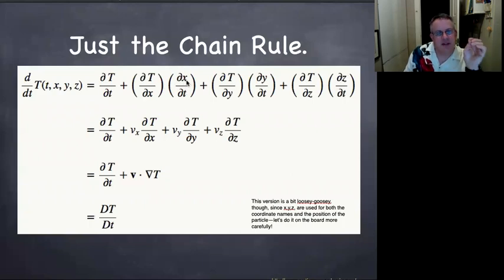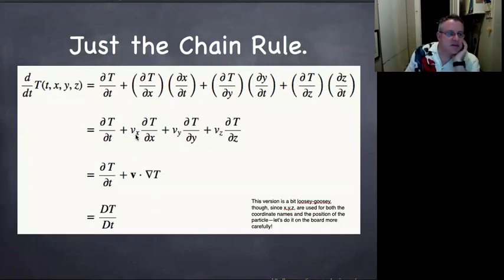It's the rate of change of x with respect to t that the fluid itself does. So the fluid velocity is what talks about the rate of change in x with respect to time that the fluid is being displaced. So if we replace this with the fluid velocity in the x direction, we get a term that looks like this. Here's dT/dx, and here's vx. Here's partial time, same thing with y, same thing with z.